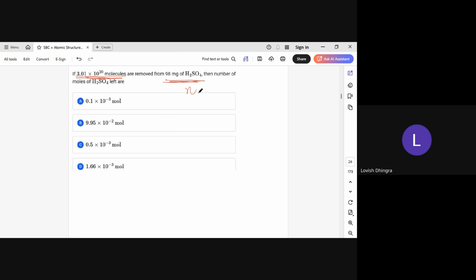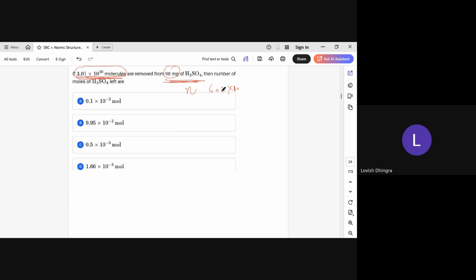Anyone? In this much weight? So 1 into 10 to the power minus 3 moles. Okay, you are telling moles. So that will be 6.02 into 10 to the power 20 molecules. Yes, fine. That way also you can do, but let us first find molecules, because this much we have to remove from the molecules we get from 98 milligrams.